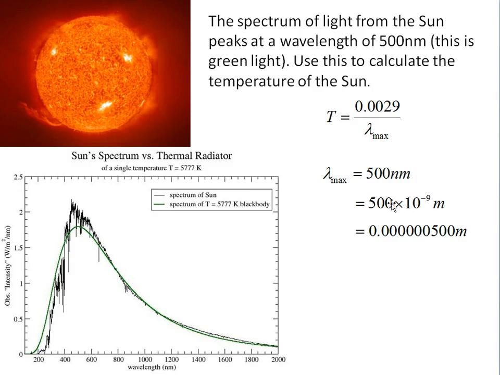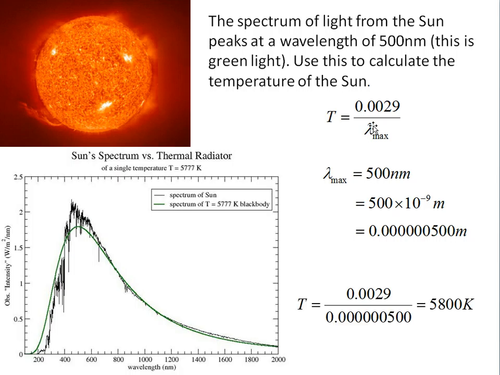So it's 500 times 10 to the minus 9 meters. And then to put this into decimal, you can move the decimal place 9 spots to the left and you get this right here, 0.000000500 meters.